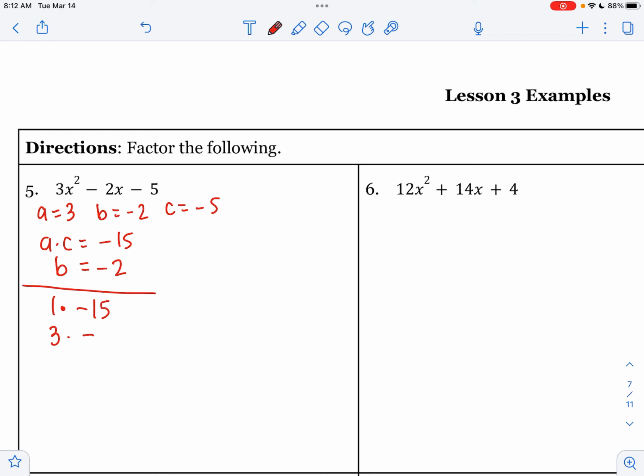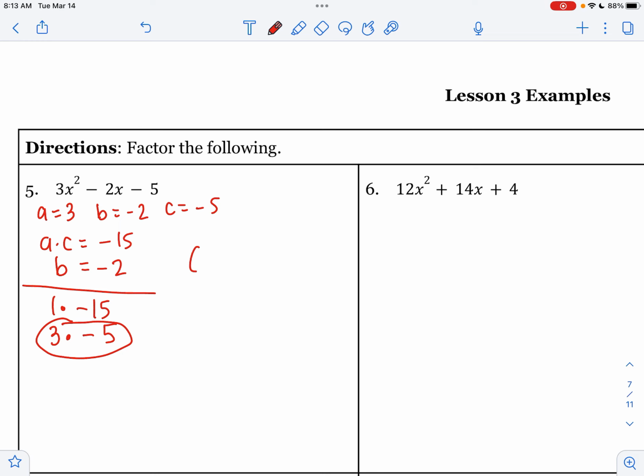So now we're going to look and see which of these two, these are the only two factors of 15, would combine to make a negative 2. Well, if we multiply 3 times negative 5, that gives me negative 15. And if I do 3 minus 5, that gives me negative 2. So when you combine them by adding or subtracting, just looking at the signs that they have, and they equal negative 2, that's your answer.